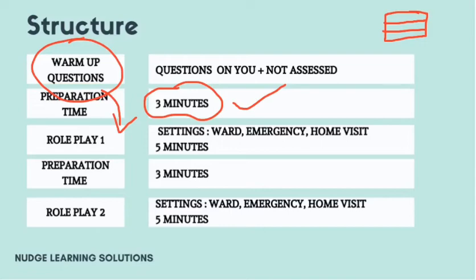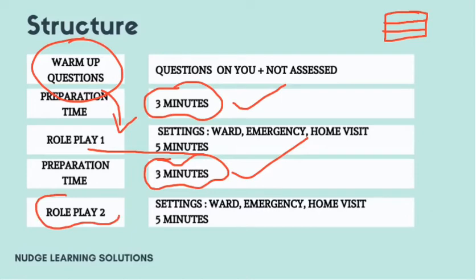After the first role play, you will be provided with another cue card for role play 2, for which also you have 3 minutes to prepare. After 3 minutes, you and the interlocutor will go forward with the second role play.